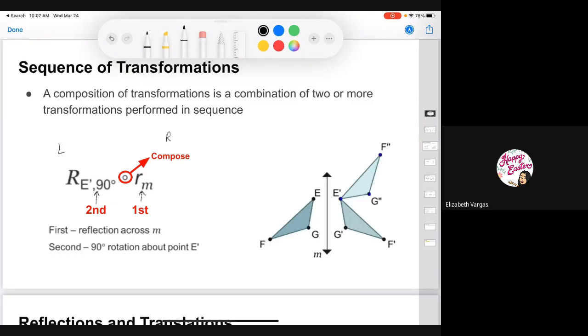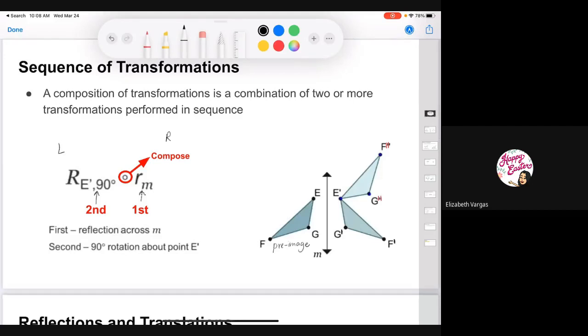Okay. So here you see that transformation taking place. We start with our pre-image, which does not contain the prime notation. The way that we know which transformation comes first and which comes second is that our first image after a transformation will have one prime notation, and our image after the second transformation will have two prime notations.